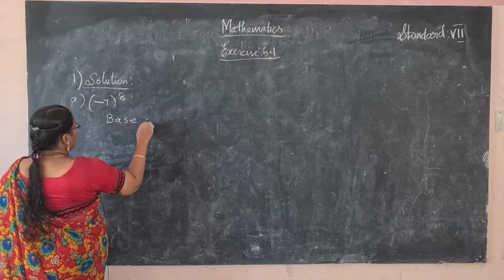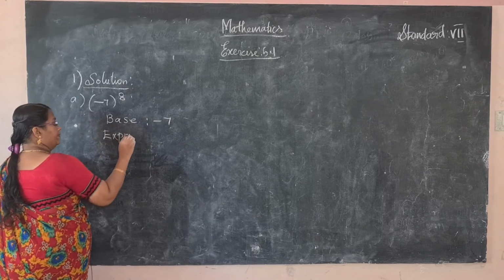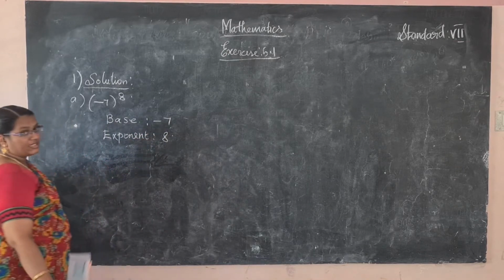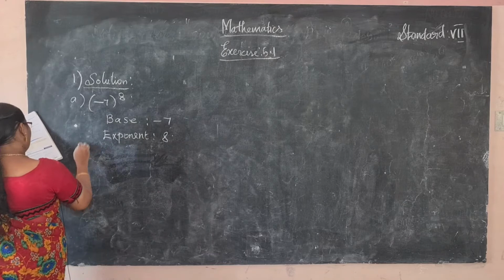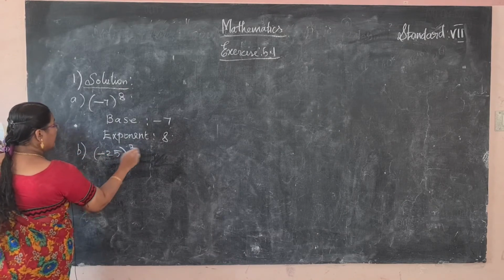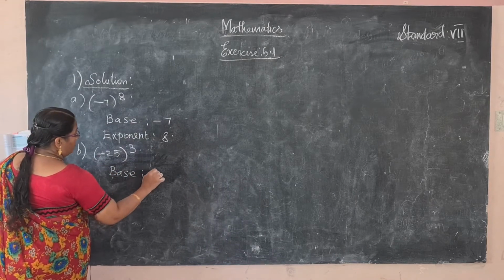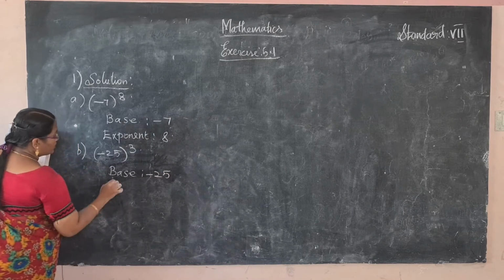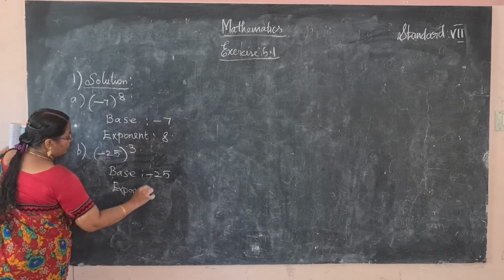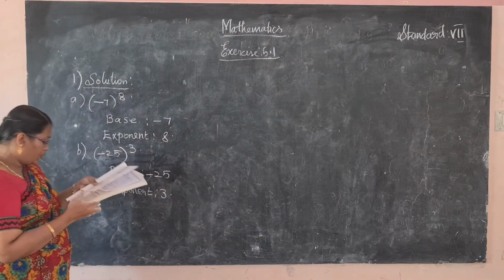Base is minus 7, exponent is 8. Okay, and b is minus 25 to the power of 3. So base is minus 25, exponent is 3. Okay, the remaining 2 problems are homework.